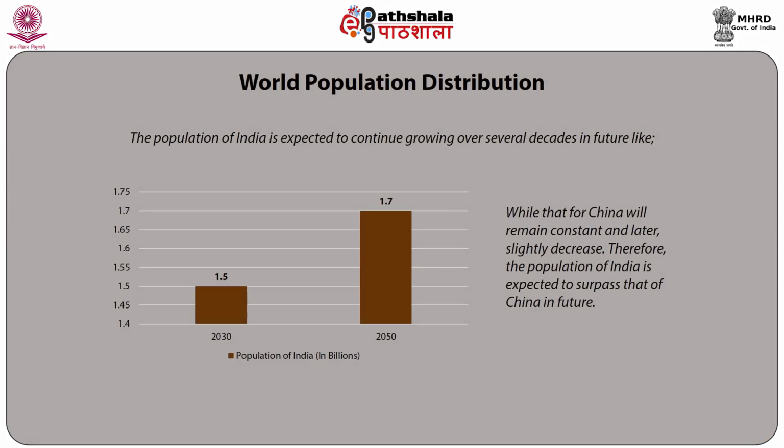The population of India is expected to continue growing over several decades in the future, like 1.5 billion by 2030 and 1.7 billion in 2050, while that of China will remain constant and later slightly decrease. Therefore, the population of India is expected to surpass that of China in future.